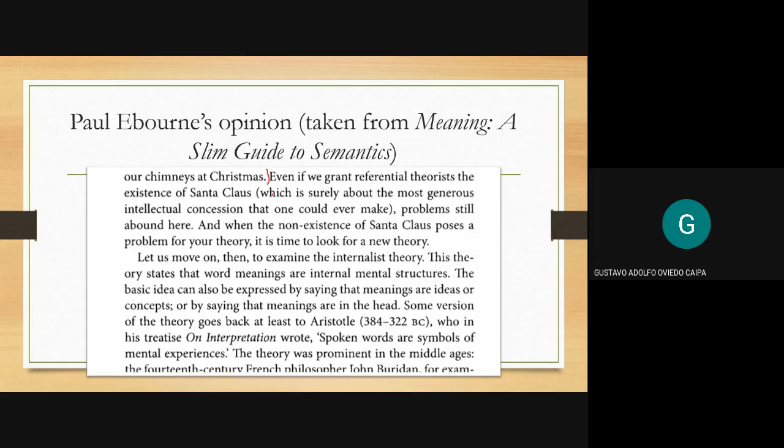Even if we grant referential theorists the existence of Santa Claus, which is surely about the most generous intellectual concession that one could ever make, problems still abound here. So there are still many problems with the referential theory.